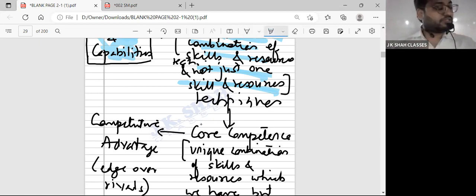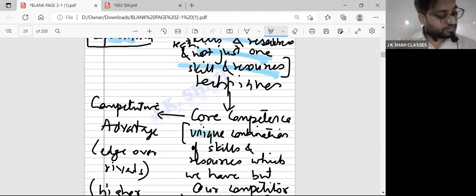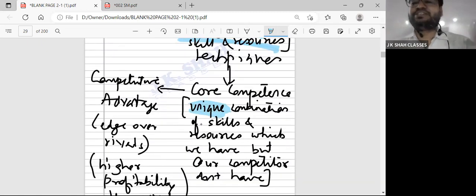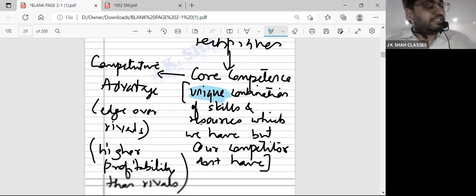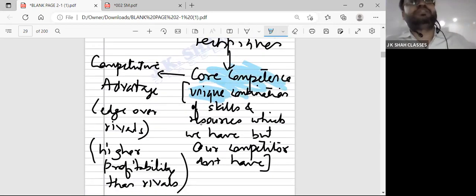Core competence means, look at the first word: unique. Unique combination of skills, resources, techniques which we possess, which we have, but our competitors don't have. And because of the existence of core competence, we will be able to achieve something called competitive advantage.